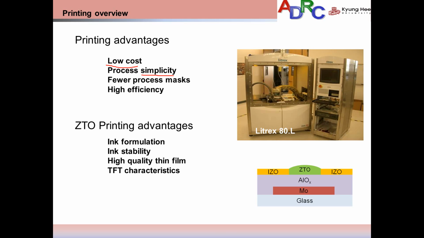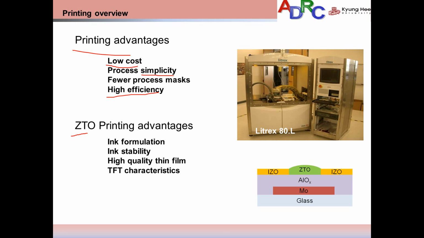Also, it has a high efficiency, and the only issue would be reproducing the characteristics. Compared to other oxide semiconductors such as IGZO, zinc tin oxide has been widely introduced and studied in the case of printing and solution process.